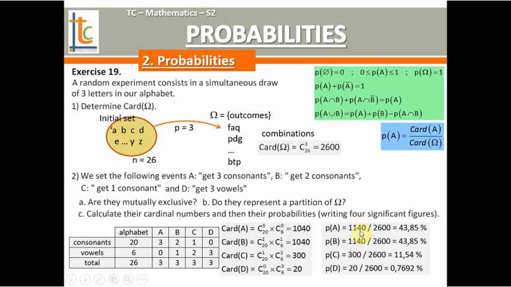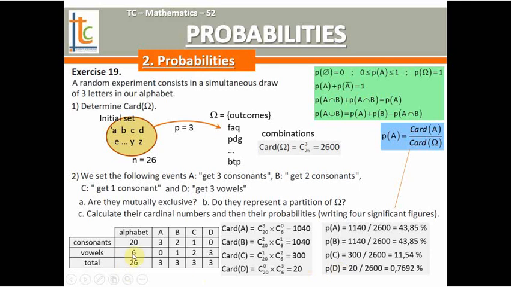Okay, so the probability of A, thanks to the blue formula, of course, is the division by 2,600 each time, for A, B, C, D. So in percentage, 43.85%, the same for B, 11.54% for C, and 0.7692% for D. Okay, and D is a rare event.